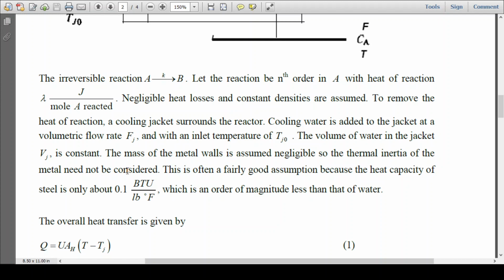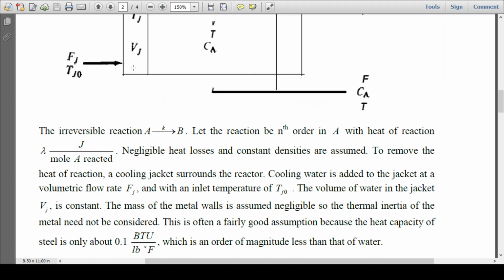Cooling water is added inside the jacket at volumetric flow rate Fj with the inlet temperature Tj0. The volume of the water jacket is Vj, as you already know. The metal wall is assumed to be of negligible mass, in order to avoid thermal inertia.